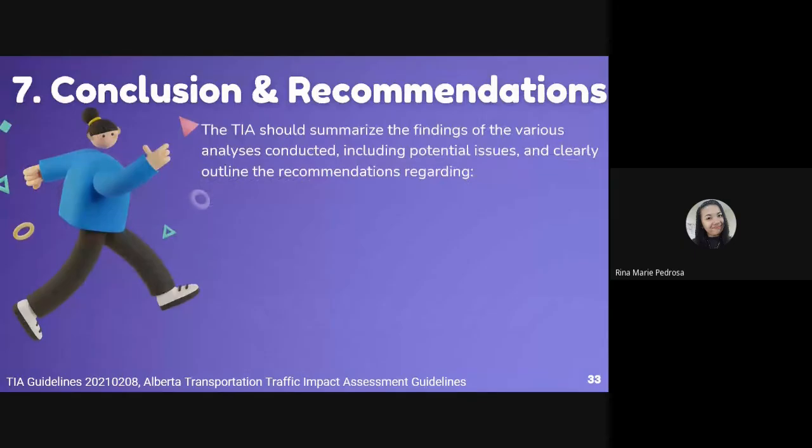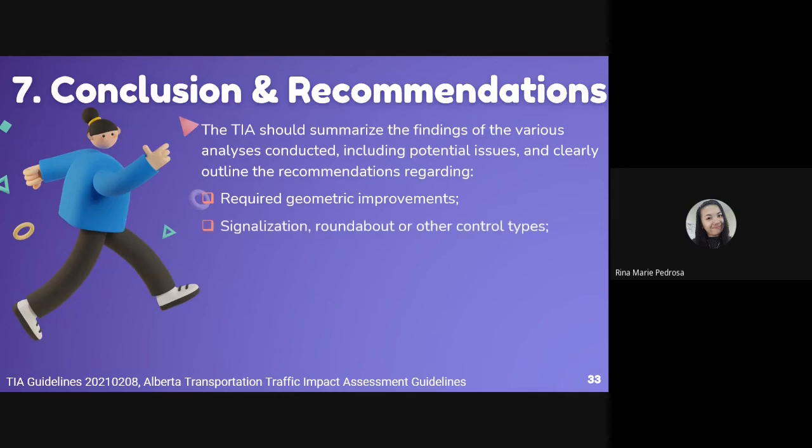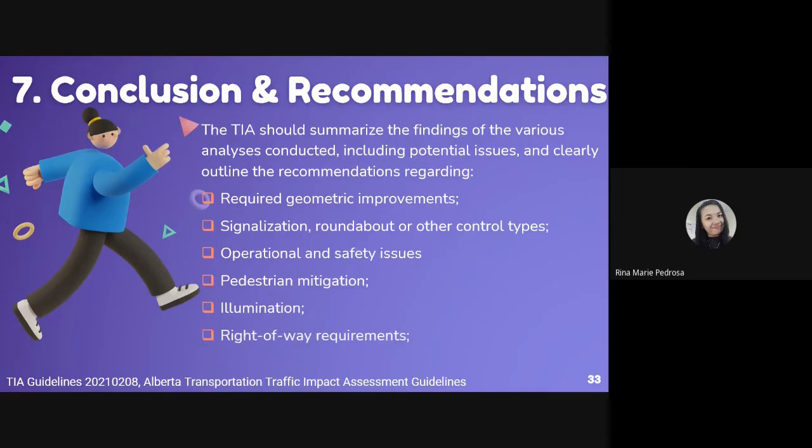So for the conclusion and recommendation, the TIA should summarize the findings of the various analyses conducted, including potential issues, and clearly outline the recommendations regarding, first, required geometric improvements, signalization, roundabout, or other control types, operational and safety issues, pedestrian mitigation, illumination, right of way requirements, and your access management.